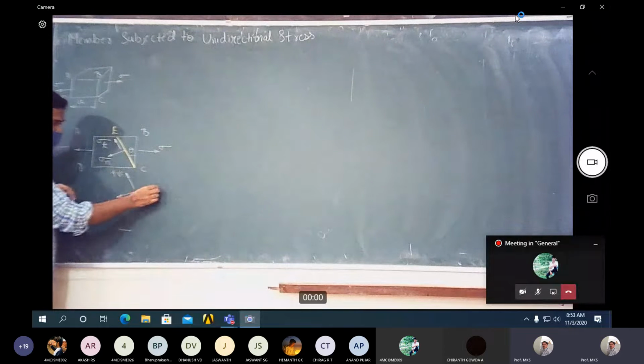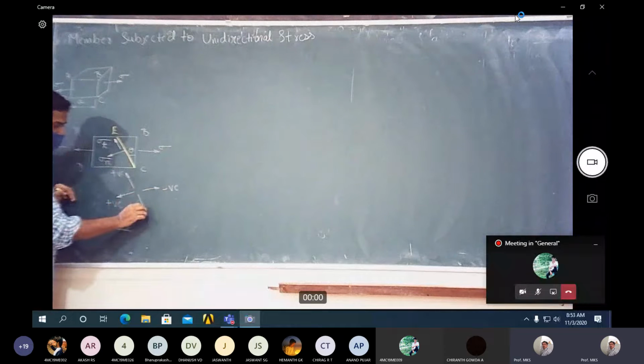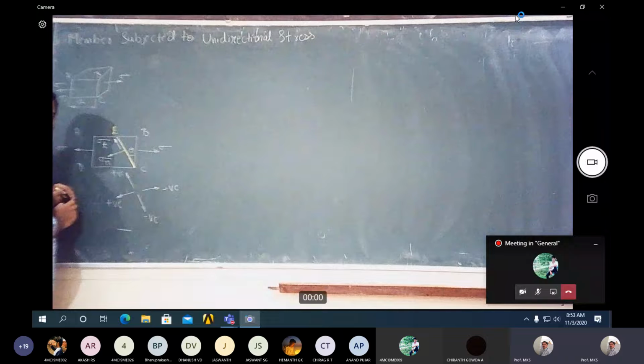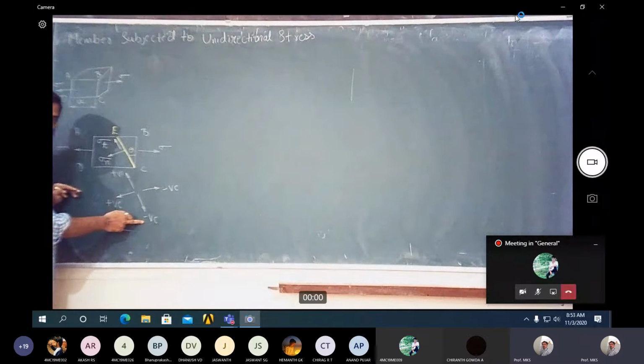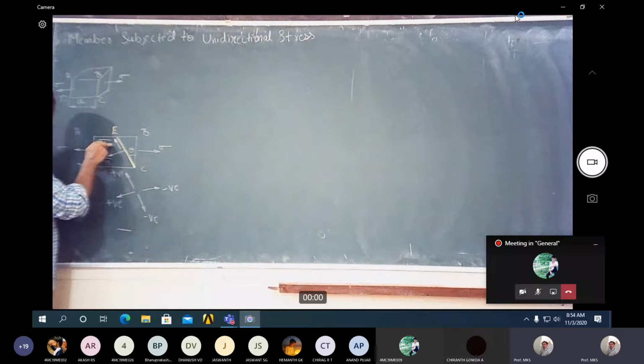If any force is acting in the reverse direction, I'll take it as negative. Got it? I need to resolve the force components for the uniaxial stress with respect to normal and tangential stress.